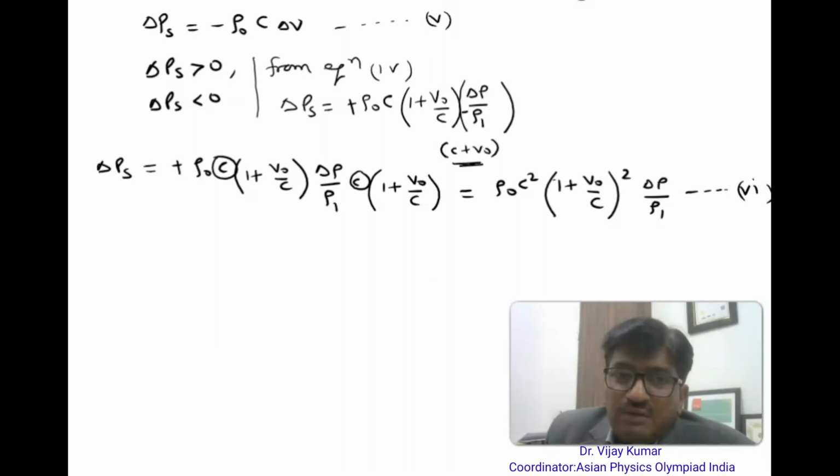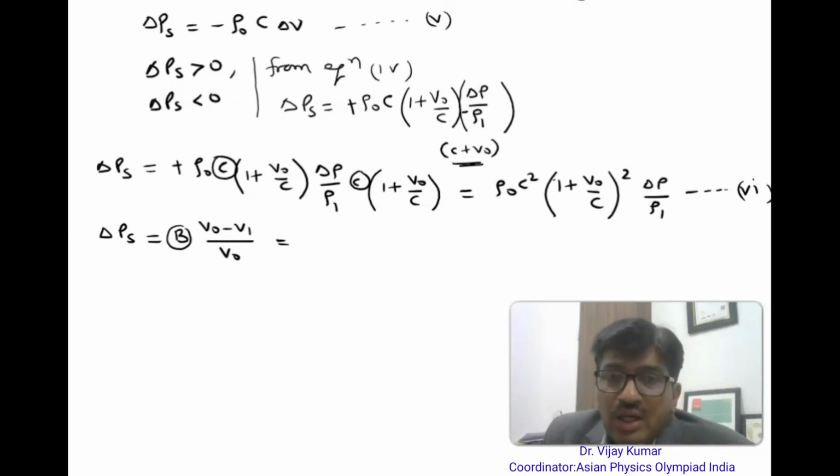Now from the definition of bulk modulus, we know that delta PS is equal to B (V naught minus V1) upon V naught, where B represents the bulk modulus. And we can write V naught means 1 upon rho naught, V1 means 1 upon rho 1.